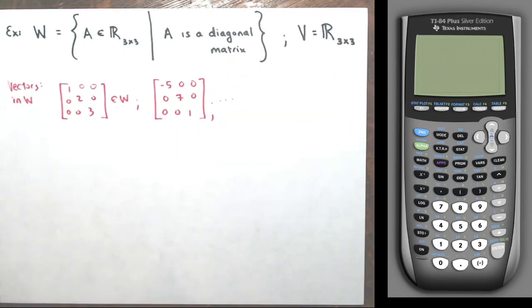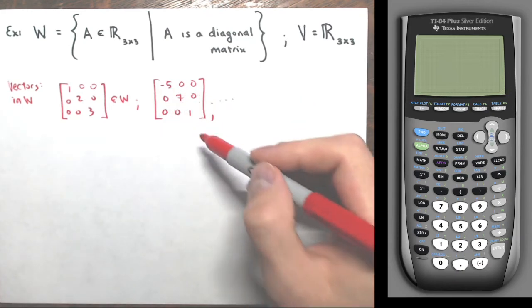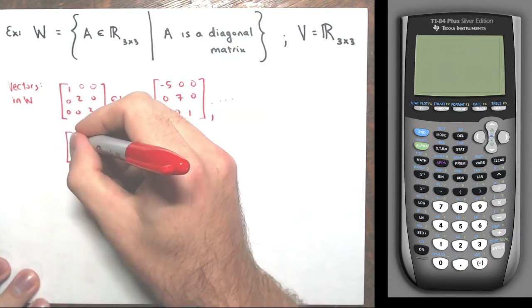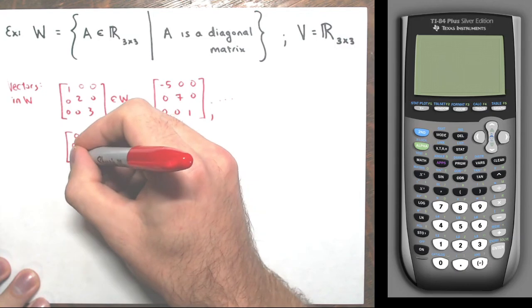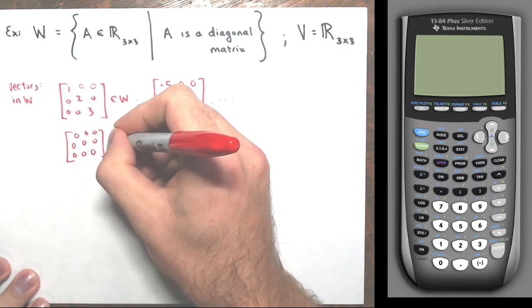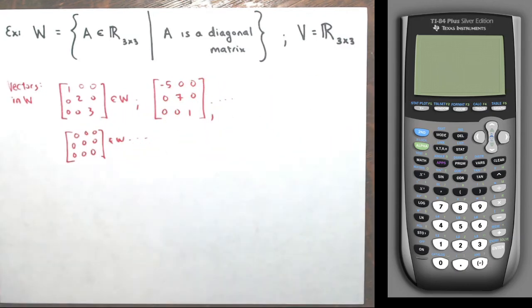Lots of them; you can think of a million things, just as long as the entries that aren't on the main diagonal are all zeros. Now you can have zeros down the main diagonal too. As long as the ones not on the main diagonal are all zeros, it's still considered a diagonal matrix. This belongs to W as well.